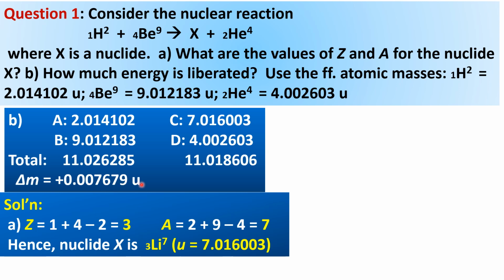In other words, the total mass of our initial nuclides is greater than the combined masses of the resulting nuclides, for a difference of positive 0.007679 atomic mass unit.